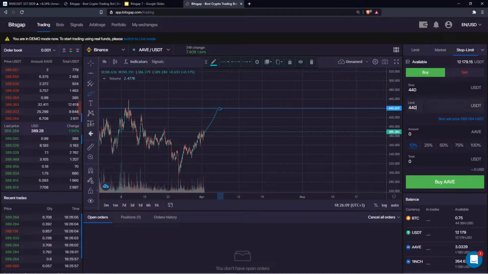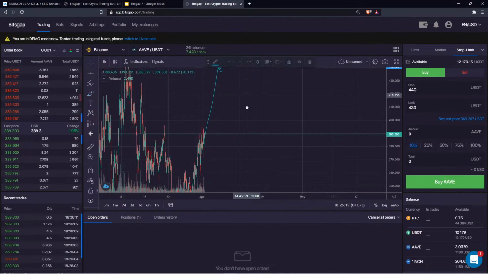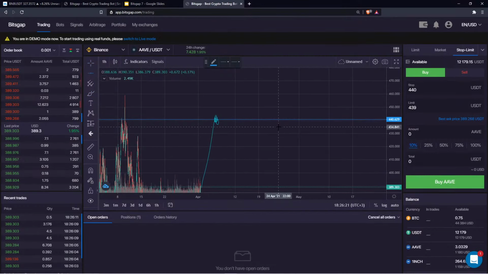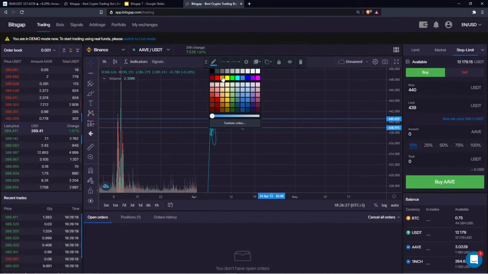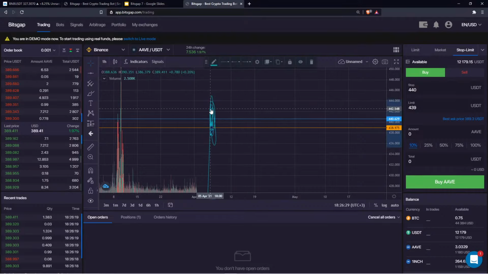So for example, you set your stop at 440, and let's say your limit buy is going to be at 439. Let's zoom in on the chart so I can show you this price. Let's make it orange.